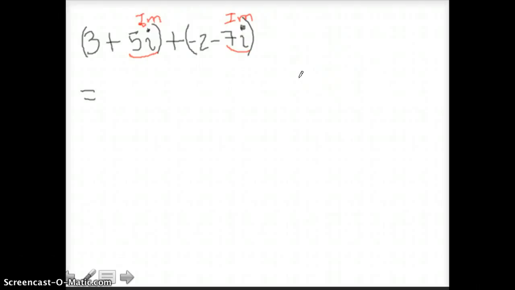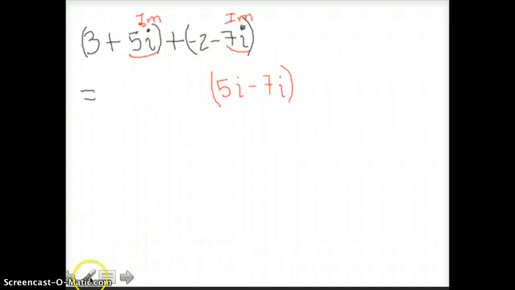If you will, you could group those as 5i minus 7i. That will be a group of its own.